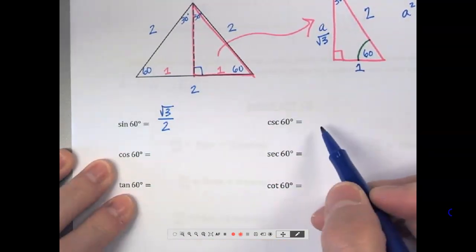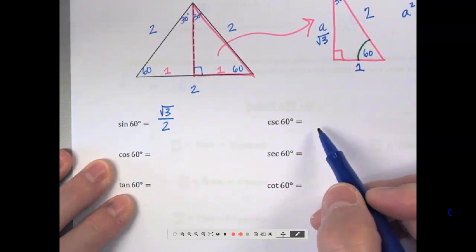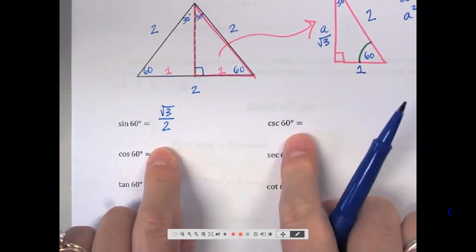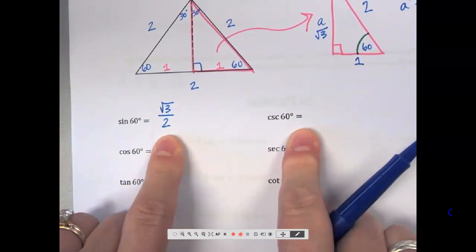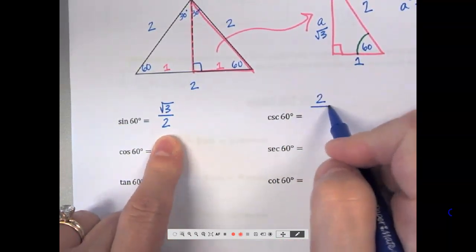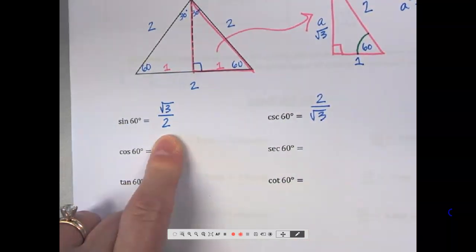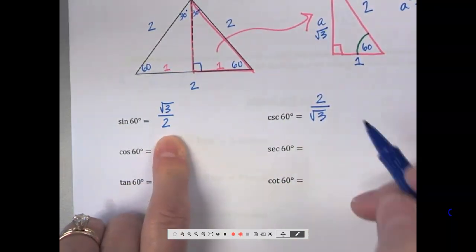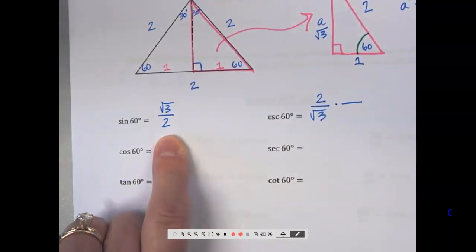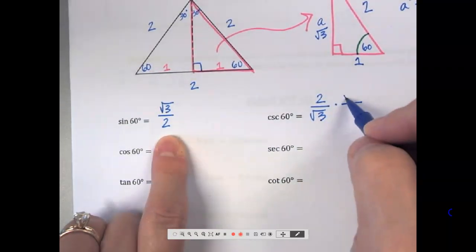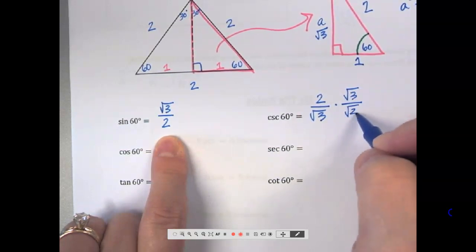Okay. Do you want to go ahead and do the reciprocal while we're on that one, or come back? Yeah. Okay. I kind of like to do those together. All right, so if I do the reciprocal, then that will be hypotenuse over opposite. Okay, now I have a radical in the denominator, so I'm going to rationalize. What fraction will I use? Square root of 3 over square root of 3.